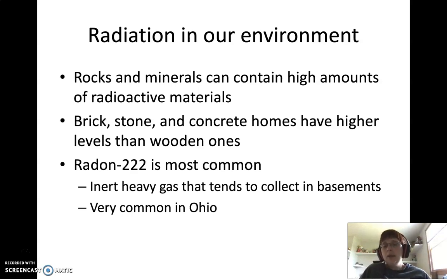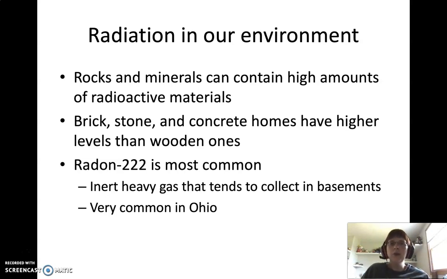The most common radioactive element to be exposed to is radon-222. And this is because it is an inert heavy gas. It tends to collect in basements. It comes from a rock source, and in Ohio, this is very common. I don't know how many of you may have a radon system on your house. I do.